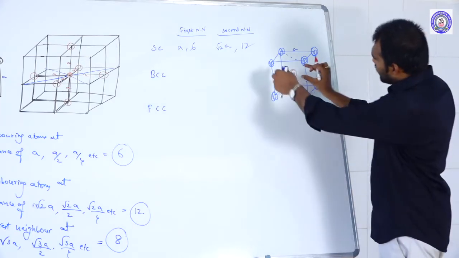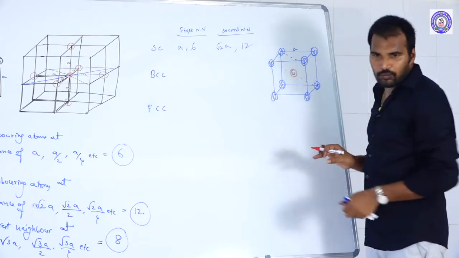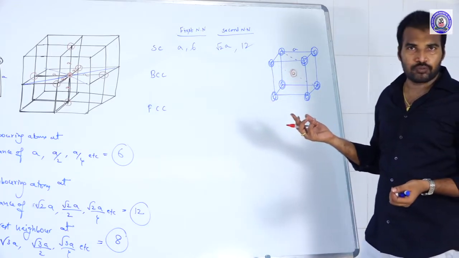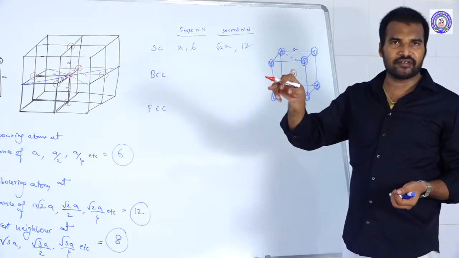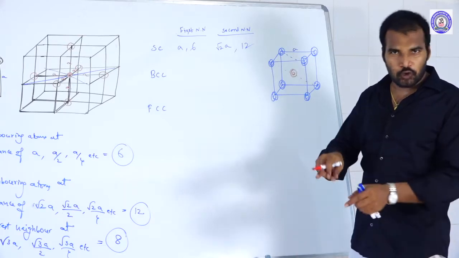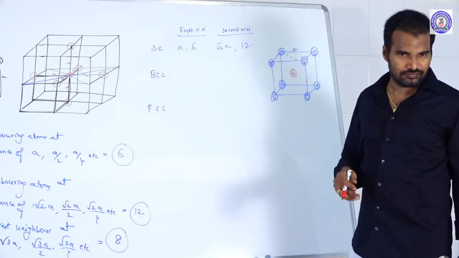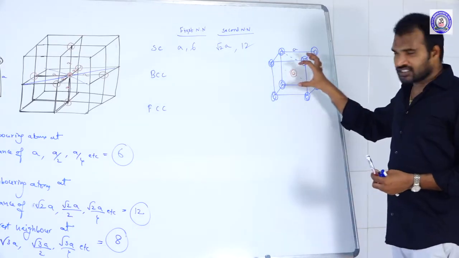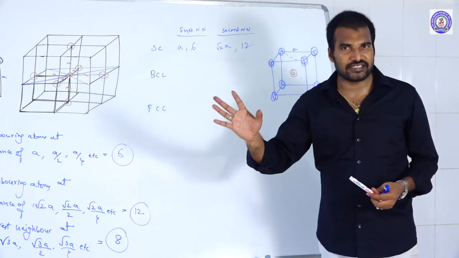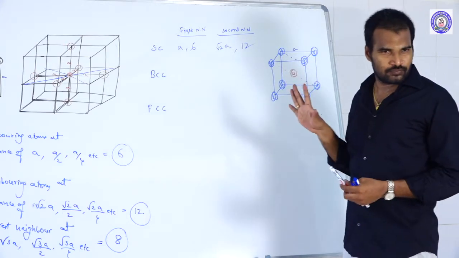And what is the distance between the corner to the center of the body? Corner to the center, root 3a by 2. Root 3a by 2 means what? How much? Root 3 value 1.7 by 2 means it will be around 0.85. So 0.85 is lesser than 1. So that is why the shortest distance, or first nearest neighboring distance, is how much? Root 3a by 2. Understood?